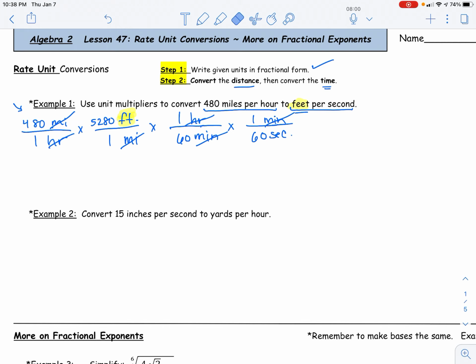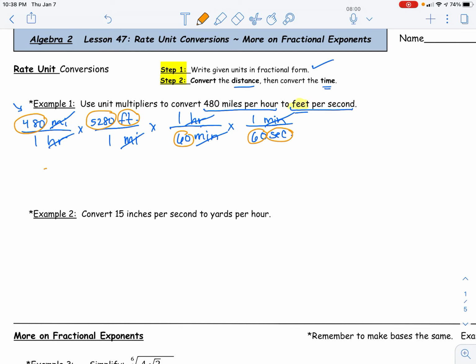And I always like to go back and circle what I need. Let's get a different color here. We use orange. All right, so we have 480, we have 5,280, and we have feet. We have 60, 60, and seconds.